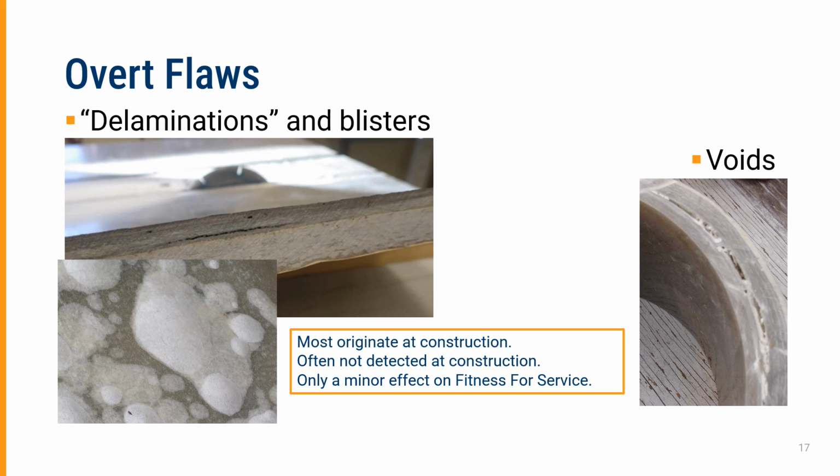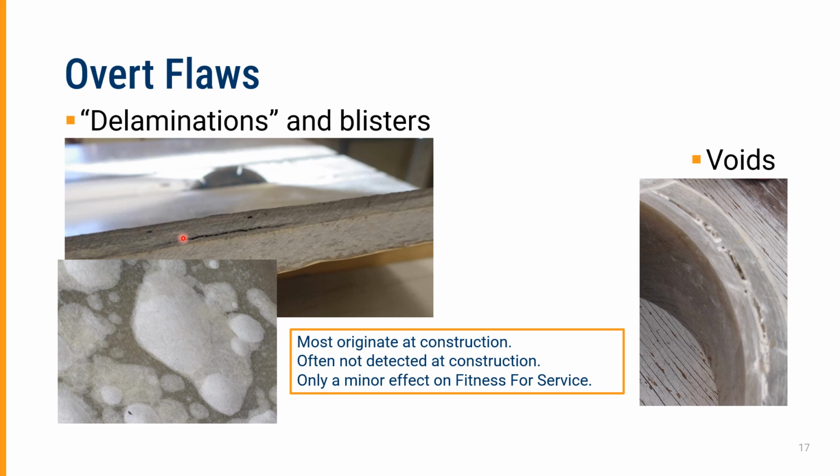We also have a number of overt flaws that can occur, delaminations and blisters in particular. To be honest, most of these originate at the construction of the FRP. They may not be detected at construction, or they may be ignored. This in fact is a direct consequence of a curing error.